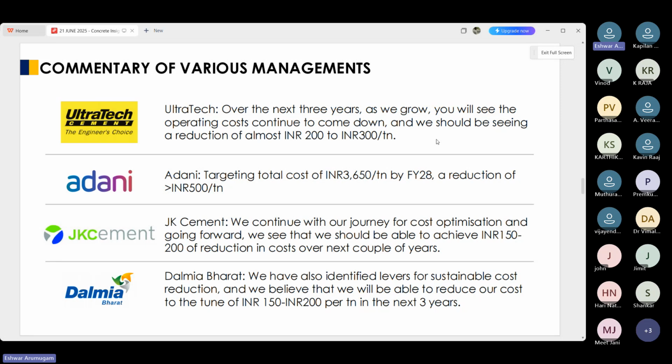Let me illustrate this with an example. Let's say you are a milkshake producing company. You procure the milk from the farmer for 1 rupee and sell the milkshake for 2 rupees. So this 1 rupee differential is essentially your EBITDA or your profits.